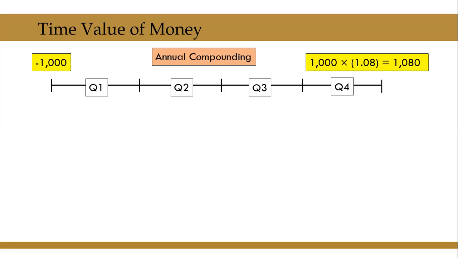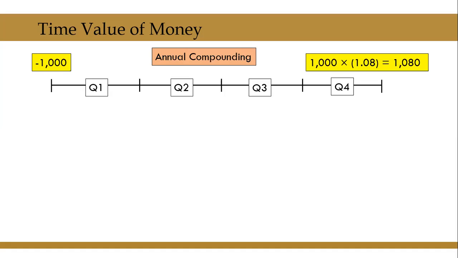At the end of 1 year, under annual compounding, your amount will grow to 1080, which is present value into 1 plus r to the power of 1. Since it is power of 1, I have eliminated that. So it becomes 1000 into 1.08, which is 1080.